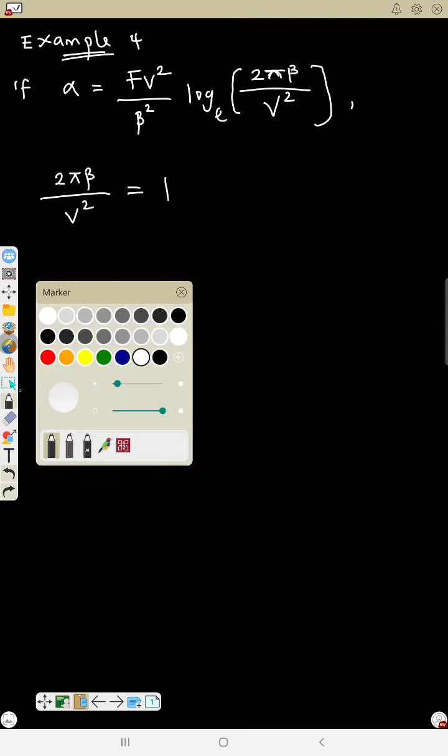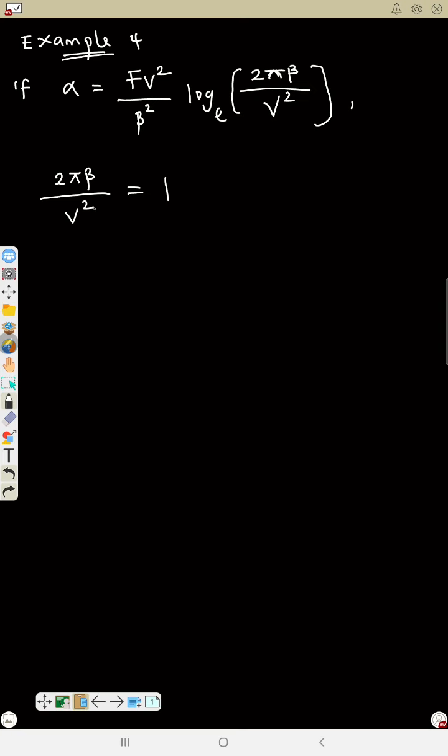Please understand the techniques. If it is this, we can cross multiply to find beta. So we have 2 pi beta is equal to v squared. That means beta is equal to v squared over 2 pi, meaning you divide both sides by 2 pi so that you can find beta.